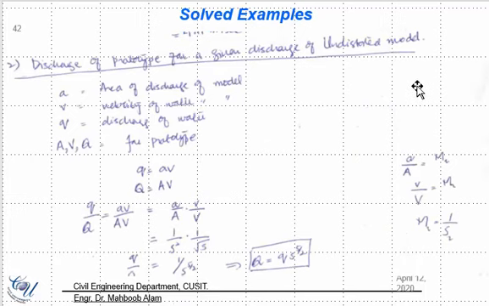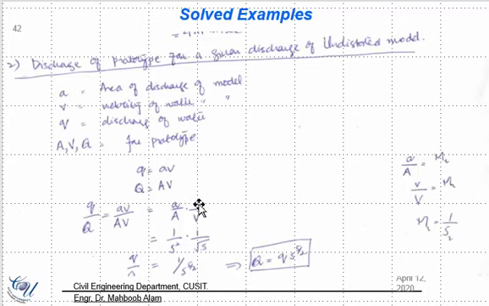This is the proof that I was telling you about. The derivation of the discharge formula, that is, discharge in the prototype is equal to discharge in the model multiplied by the scale ratio raised to power 5 by 2. Now, very easily derived. Small q is equal to small a v, capital Q is equal to capital A V. We find out the ratio of the two.